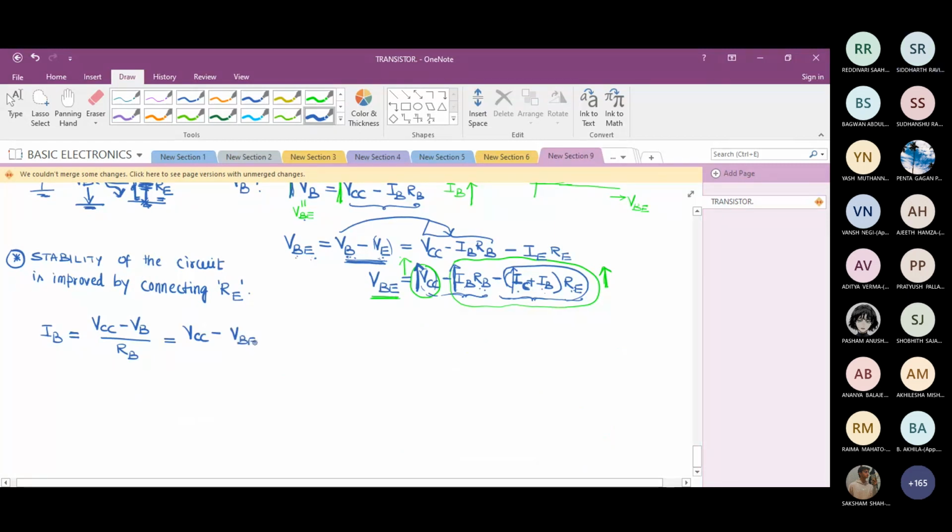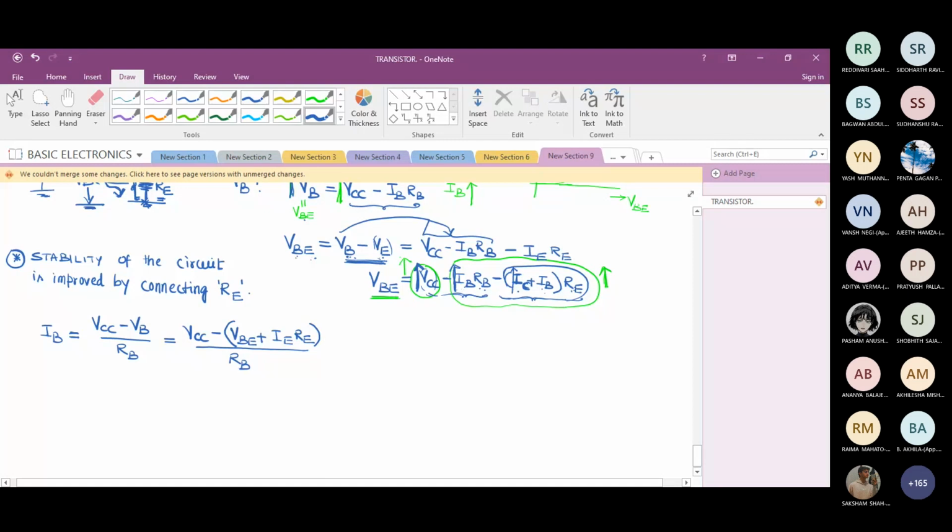But be careful, VBE plus IERE will be within the brackets, divided by resistance RB. Is it okay?